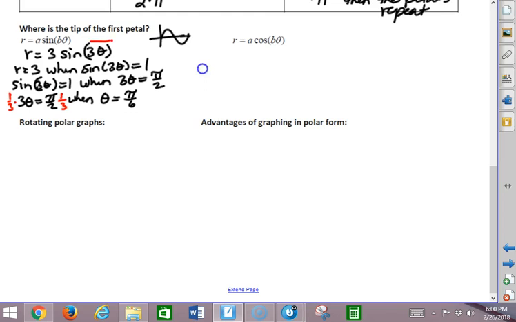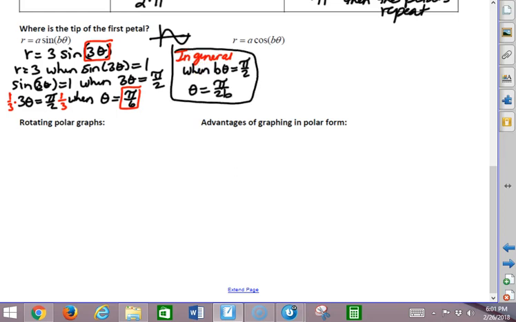So when I have 3 theta here, theta has to be pi over 6 for the tip of the first petal. So in general, when b theta is equal to pi over 2, which means theta is equal to pi over 2b, that's when we have the tip of the first petal for sine.